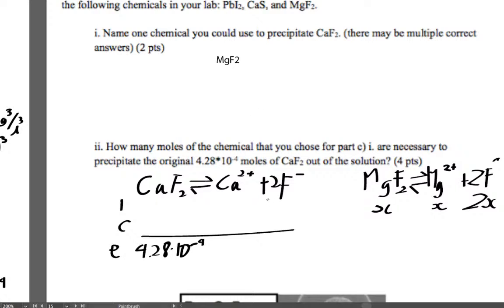So with that, we can say that the CaF2 here starts with nothing, but then we got this 4.28 times 10 to the power negative 4. We are now looking at this from the moles perspective instead of the molarity.